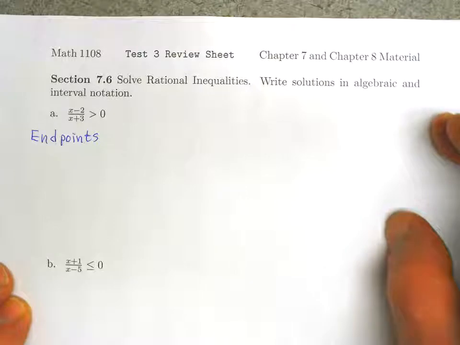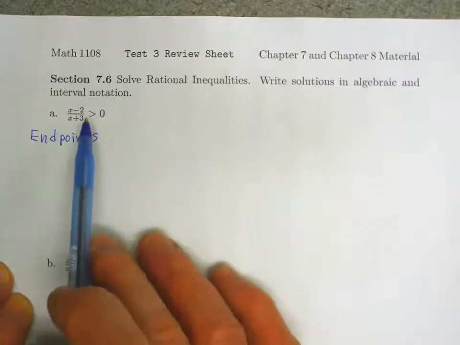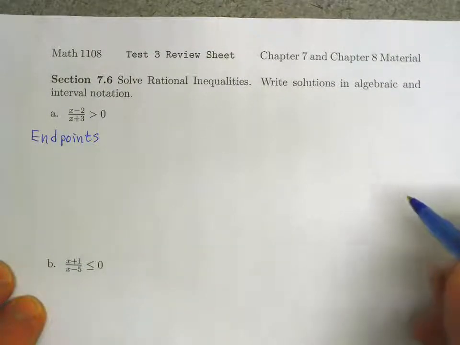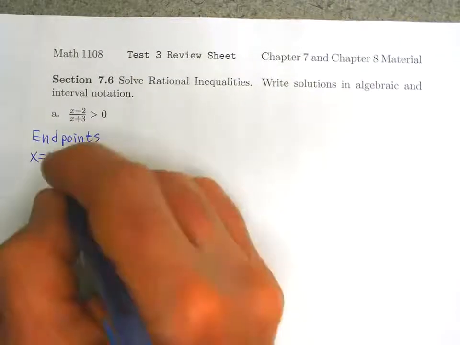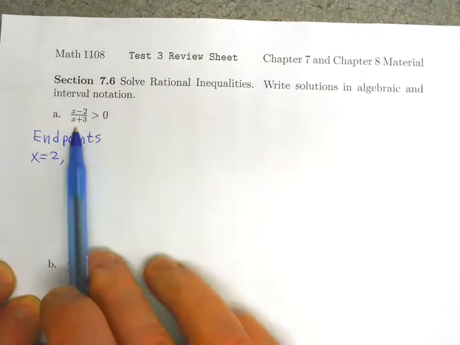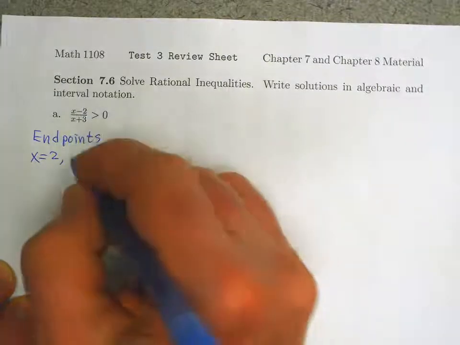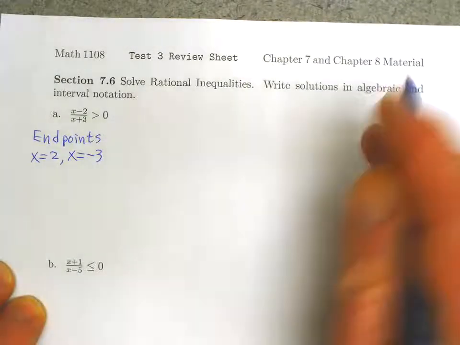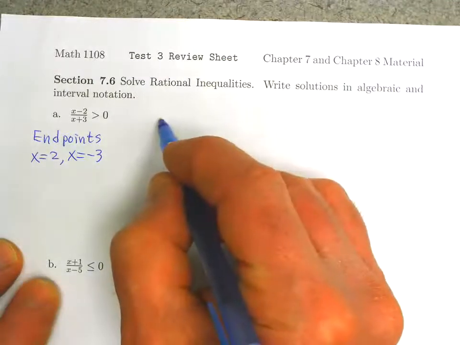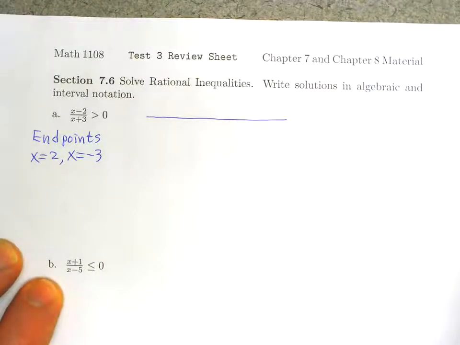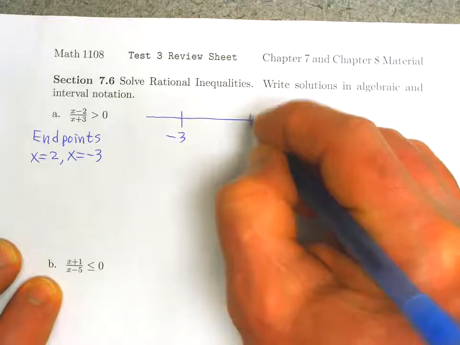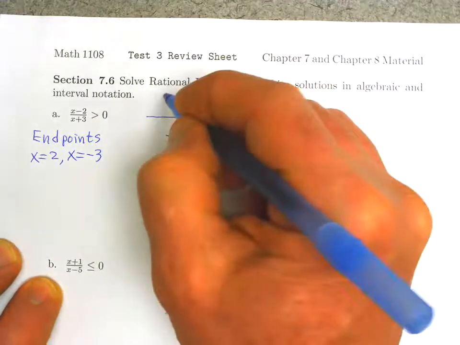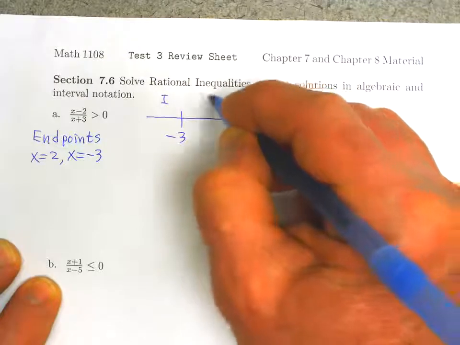The endpoints are the x values that make the numerator 0 and the denominator 0. So the x value that makes the numerator 0 is positive 2, and the x value that makes the denominator 0 is negative 3. So we divide the number line into 3 separate intervals by plotting those endpoints, negative 3 and 2. Those divide the number line into 3 separate intervals.